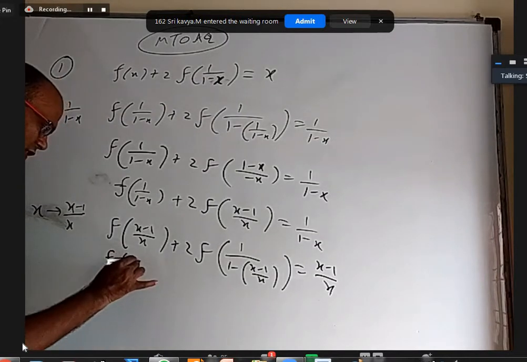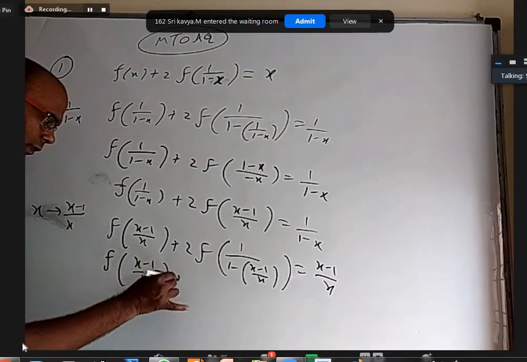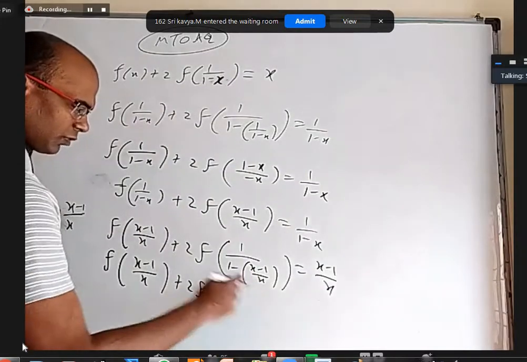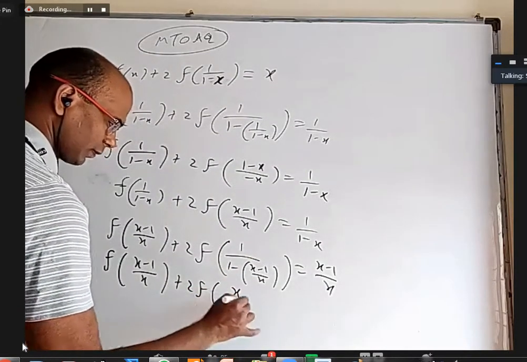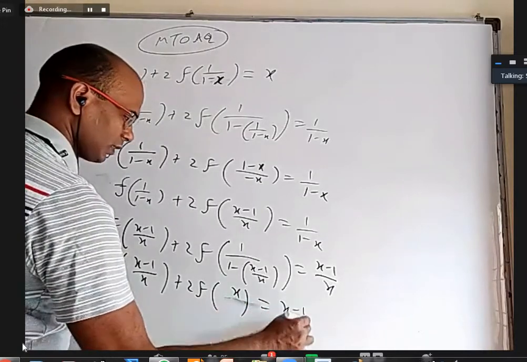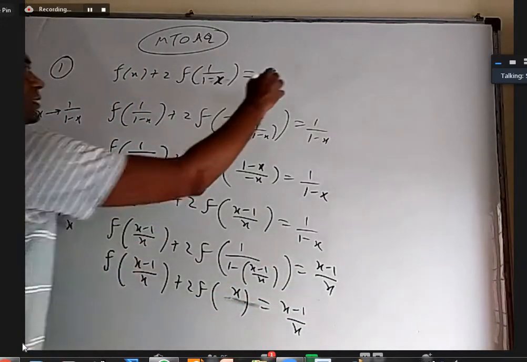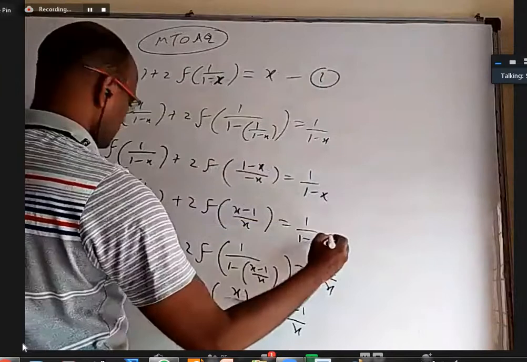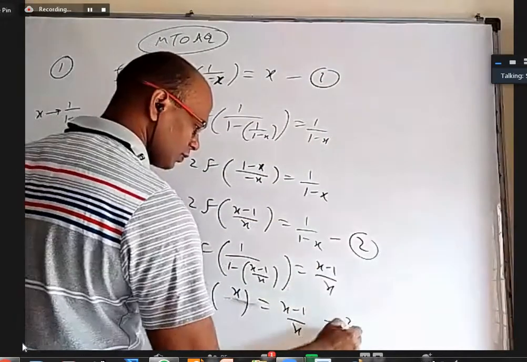So this is f((x - 1)/x). This is 2f of, and I simplify, I'll get x itself. And here I'll get (x - 1)/x. So this is my equation 1, this is my equation 2, this is my equation 3.